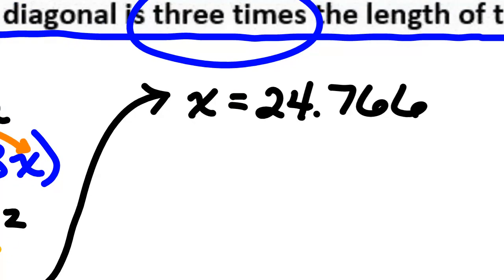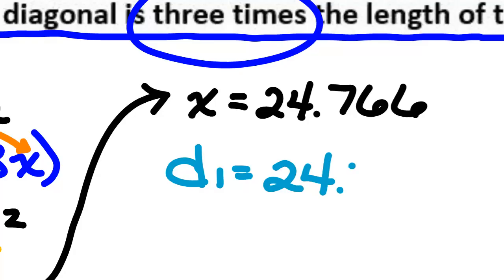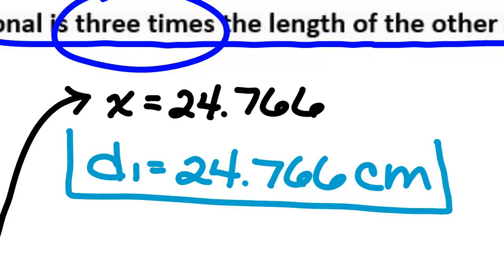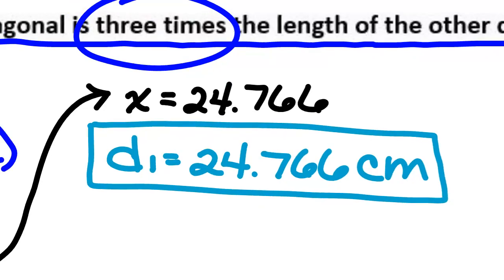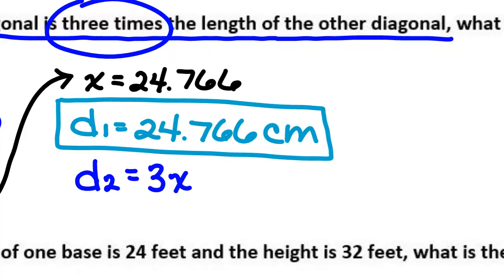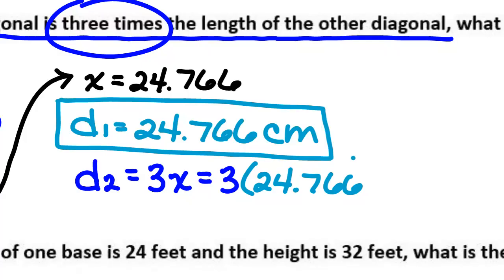It's diagonal 1. Diagonal 1 then would be 24.766 centimeters. Diagonal 2 is 3x. So that would be 3 times 24.766.